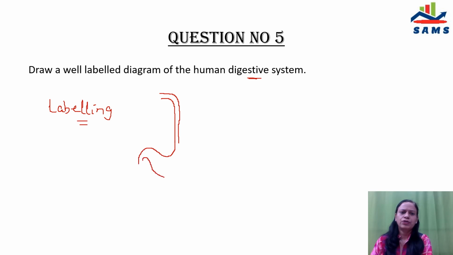So you don't need to draw the shape of the body. So this much is enough. Then we have the large intestine. I think I'm running short of space over here. So this is the appendix here.